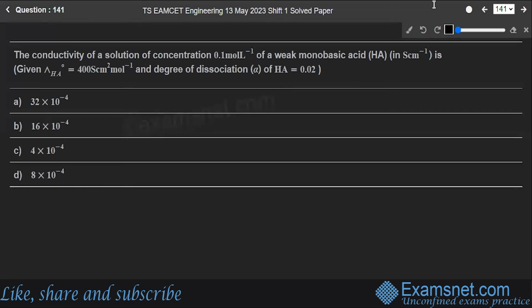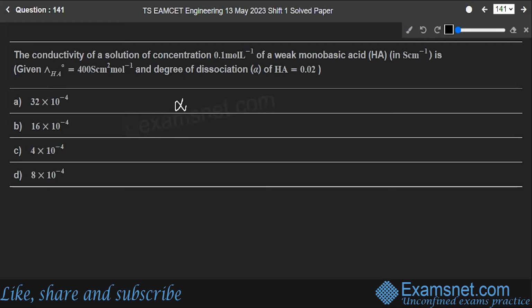Question number 141: the conductivity of a solution of concentration 0.1 mole per liter of weak monobasic acid HA, in Siemens per centimeter, is. You are given that the molar conductivity at infinite dilution for HA is this, and the degree of dissociation of HA is 0.02.